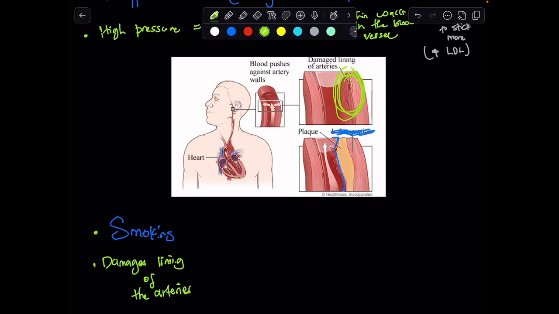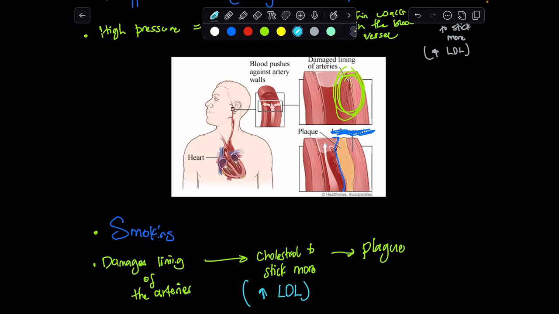It causes cholesterol to stick more, forming plaque. Why does it cause cholesterol to stick more? Because of increased LDLs.